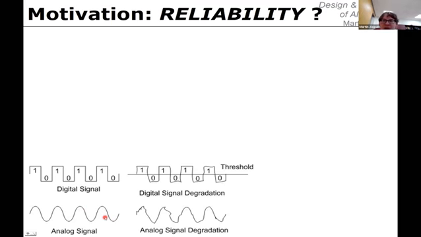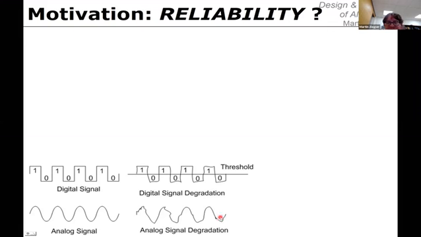And analog signals were very common for a long time. Telephones were analog, radio was analog, television was analog. But analog has the disadvantage that signals generally degrade. Well, that applies to both digital and analog signals.